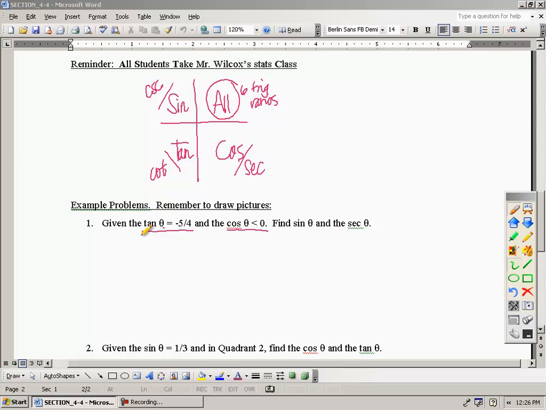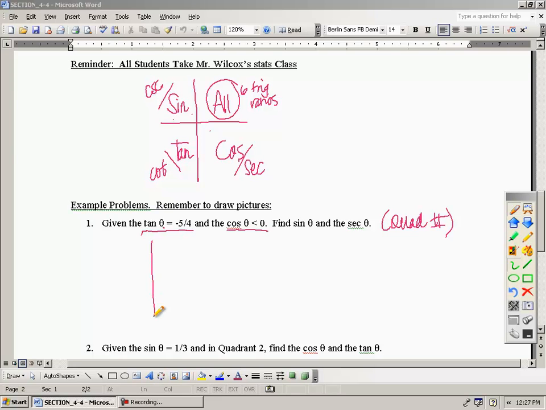Well, when I look at this, tangent is negative in 2 and 4, cosine is also negative in the second quadrant because cosine's positive in the fourth. So I have to be in quadrant number 2. Okay, so that's what this all students take calculus helps us with.